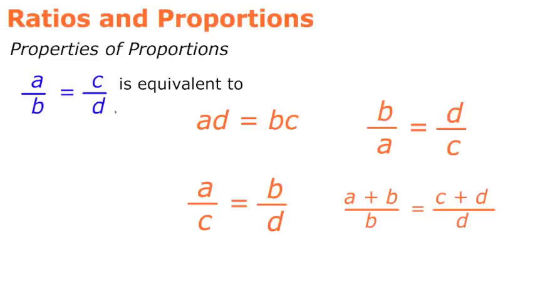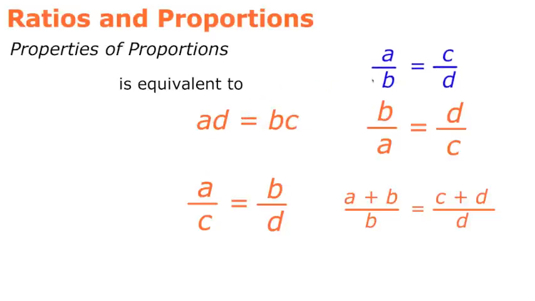In the first statement, we take what's called the cross products. We multiply the diagonals. A times D is equal to B times C. So that's one property, the cross products property. We're going to learn about that in more detail in a little bit.